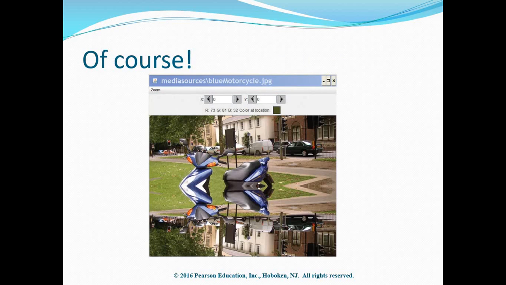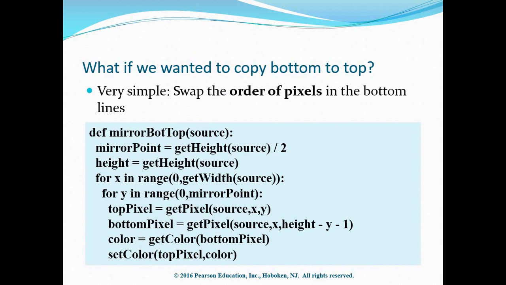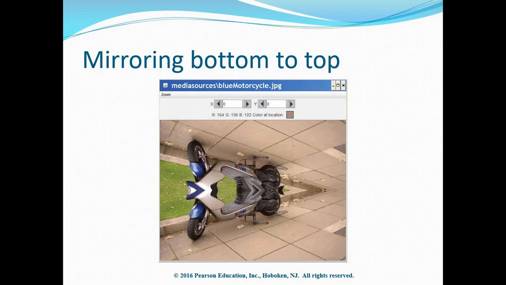Here is an example of mirroring not looking great when done horizontally. Similar to our prior example of copying top half to bottom half, here we do the opposite. Here is an example of how our previous code of copying the bottom to top would look.